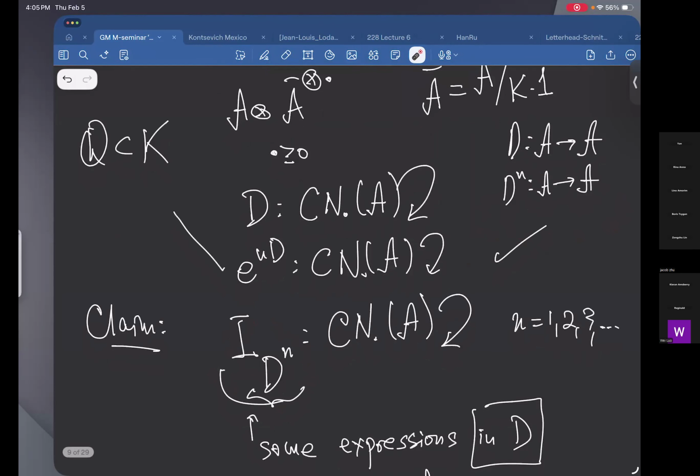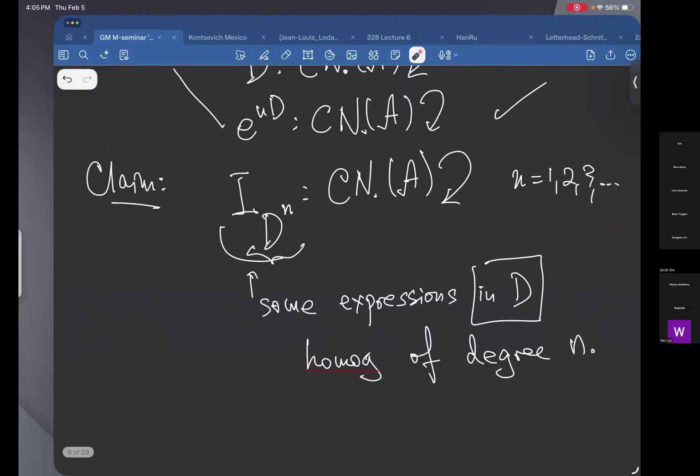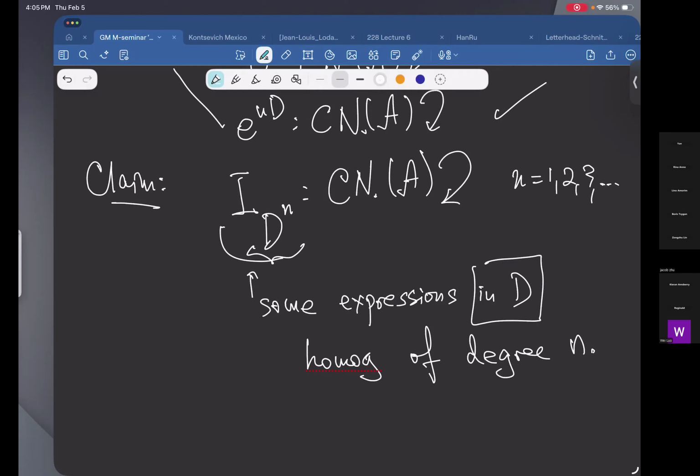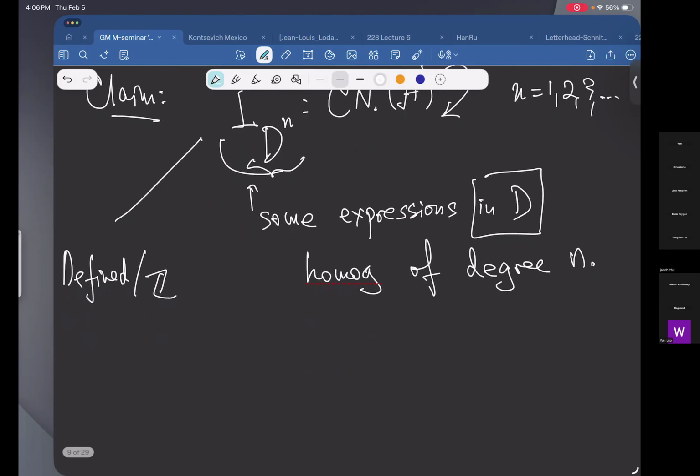It's in some sense, yes, hence the notation, but not really. It's just some homogeneous expression of degree n in D with values in operators on the complex. Okay, so those exist, and by the way, they are defined over Z, no Q needed. And if you formally write, I'm sorry.